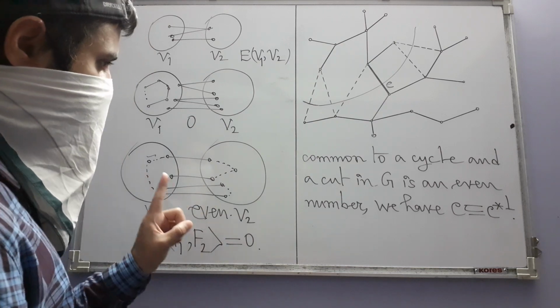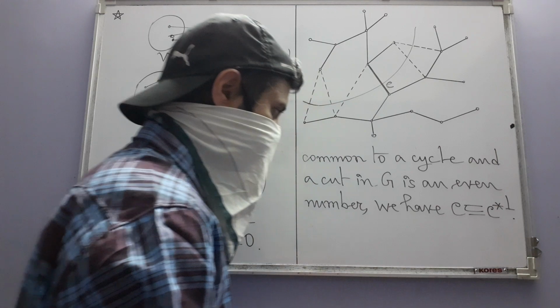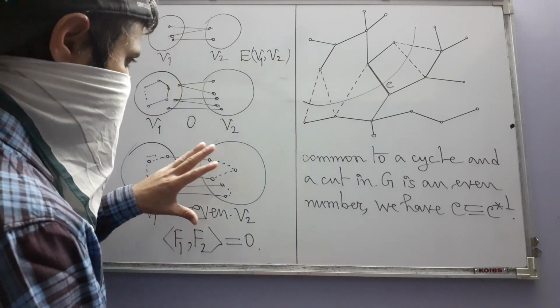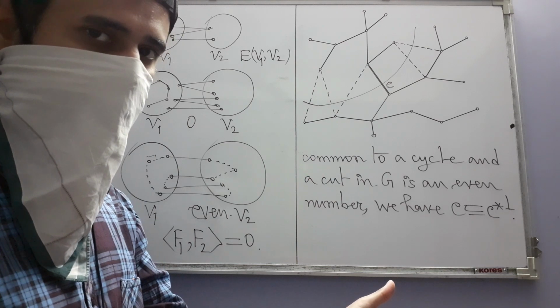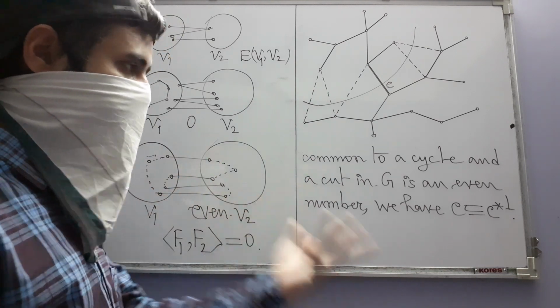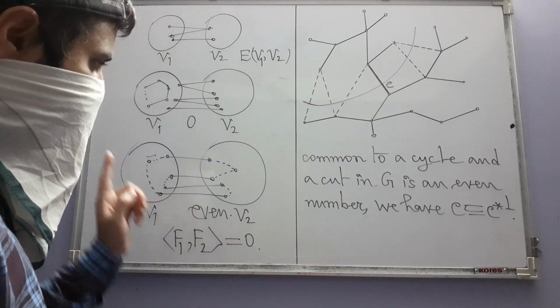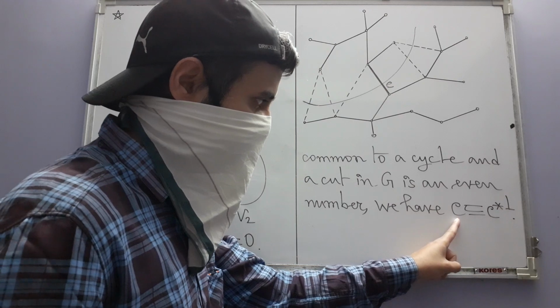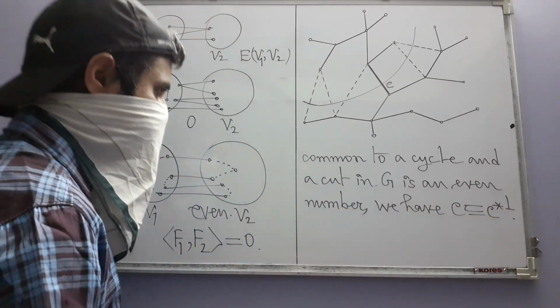So that means now, if we were considering any cycle, the number of edges between the cycle and any cut we have found is even. So from that, how does it follow that the cycle space is contained in this? Let us see.